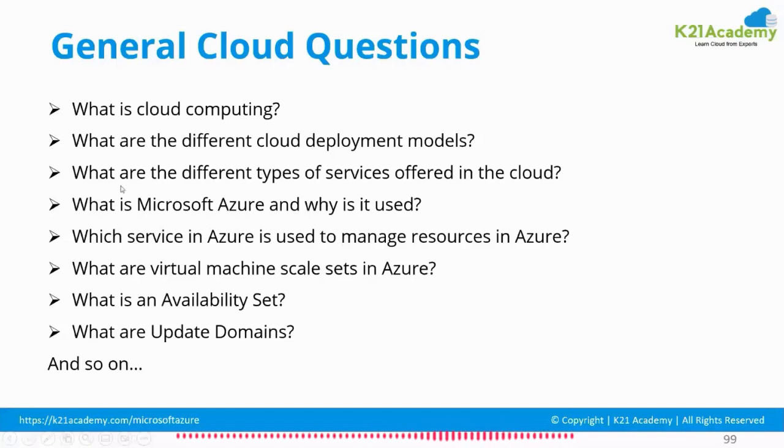So see, you can also answer that you have cloud services: compute service available, networking service available, storage service available, IAM service available, this service, that service. But at a higher level, it's IaaS, PaaS and SaaS, right? So you can manipulate your answer, or you can give it in this specific manner also.